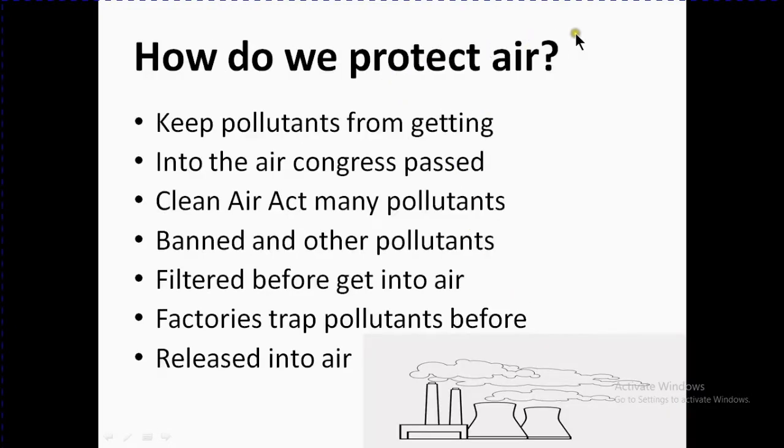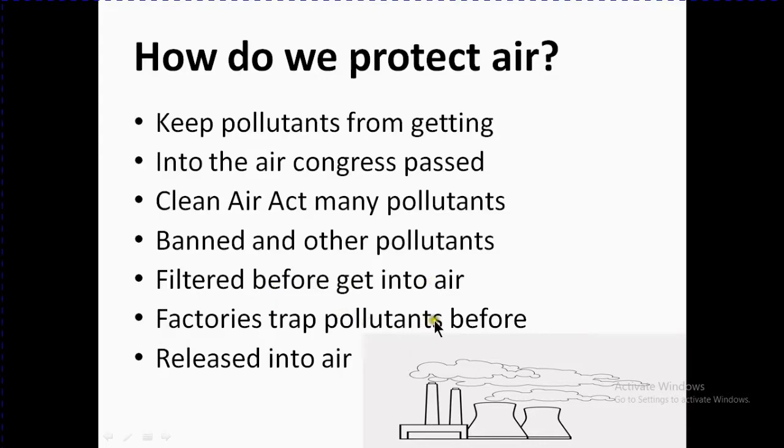How do we protect air? Keep pollutants from getting into the air. Congress passed the Clean Air Act. Many pollutants were banned. At that time they banned these kinds of pollutants that can damage the air or atmosphere, and other pollutants are filtered before getting into the air.